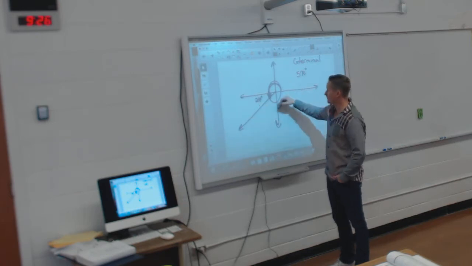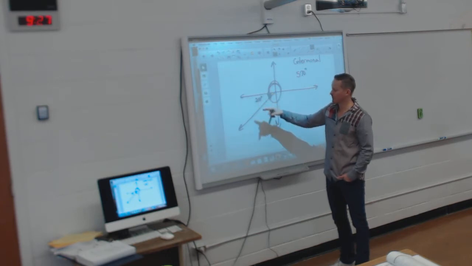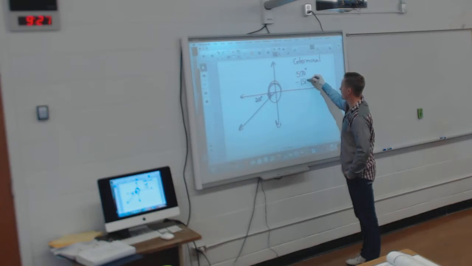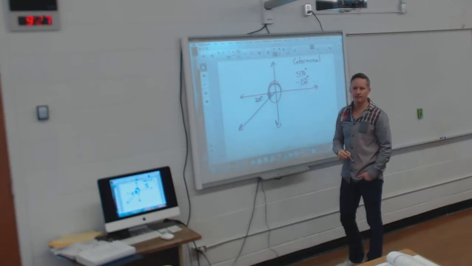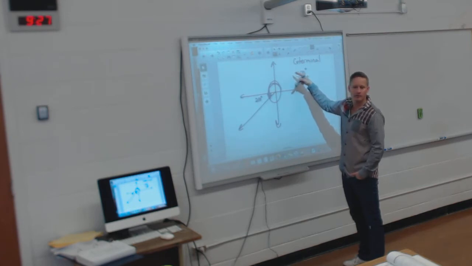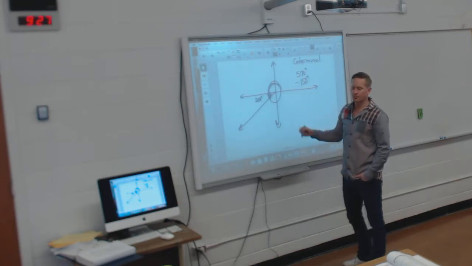So that would give me a negative value. Negative 150. And then to get to the next positive one, what do I do? Add 360 again. To get to the next negative one, I would subtract 360.